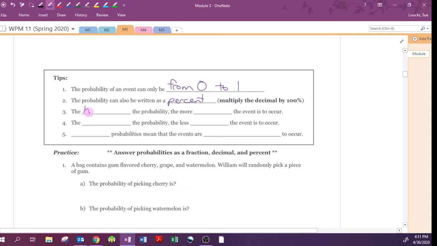The higher the probability, the more likely an event is to occur. The lower the probability, the less likely the event is to occur. And equal probabilities means that the events are equally likely to occur. Okay, so go do the practice, mark it, do your corrections, and I'll see you on page 6.